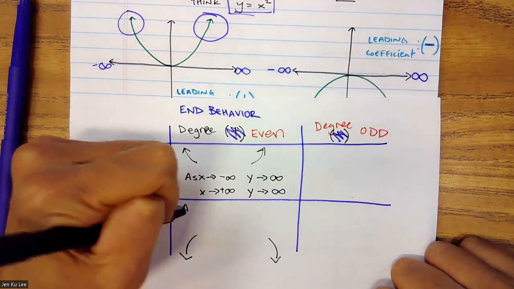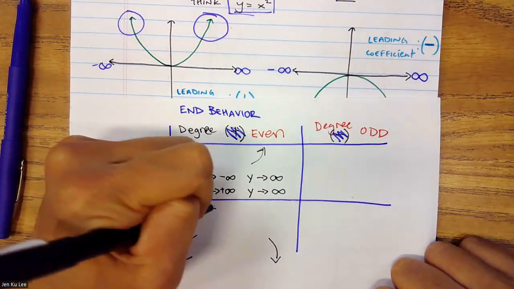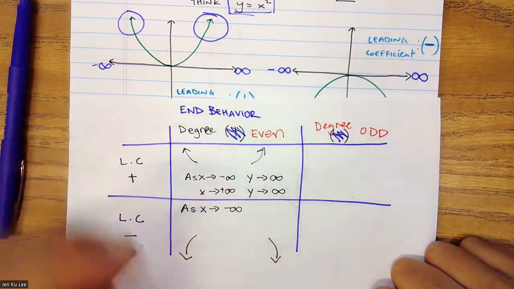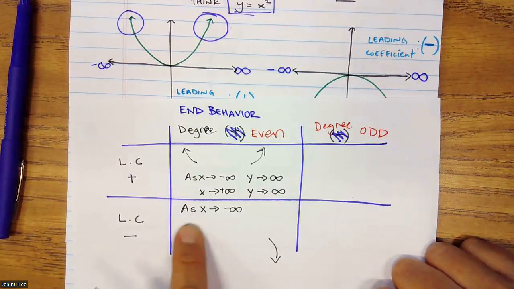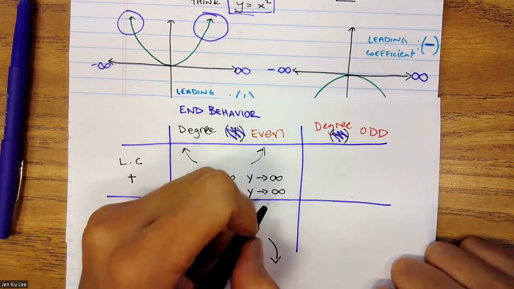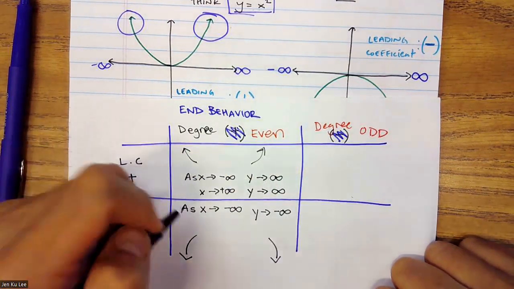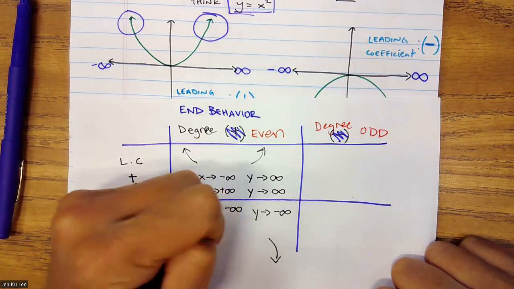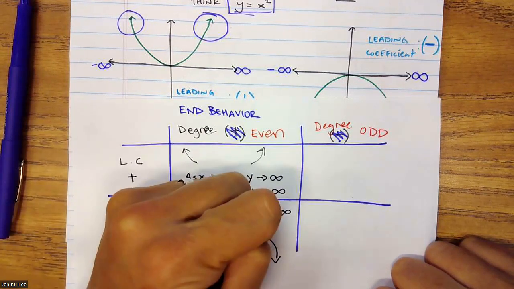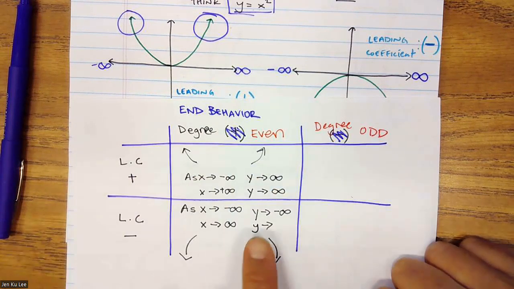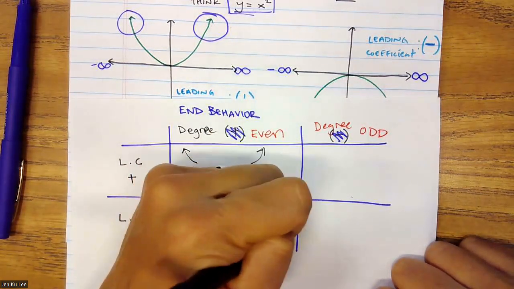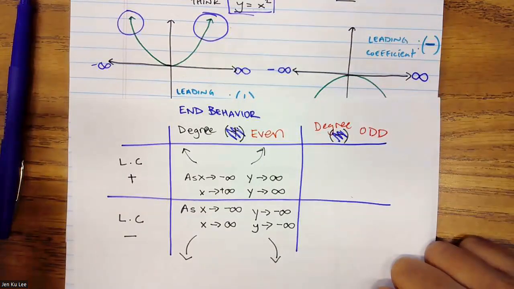That end behavior is as x approaches negative infinity, or the left-hand side of the graph, y is going to approach negative infinity. And then as x approaches positive infinity, or the right-hand side of your graph, y is going to approach negative infinity. Okay?